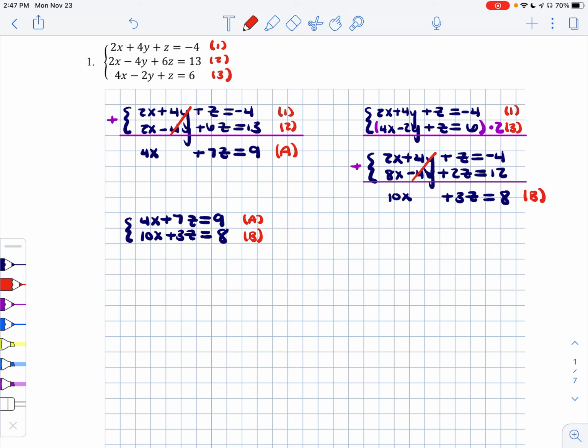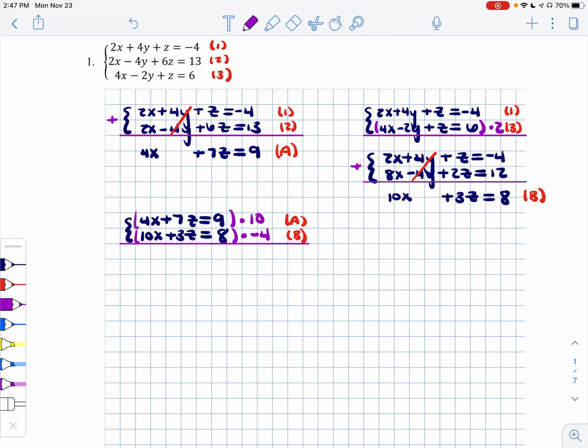I'm going to try to eliminate the x variable. Let me move A and B over. Neither variable looks particularly easy to eliminate, so I'm just going to pick one. The easiest way would be to multiply the top equation through by a 10. And then for the bottom equation, remember we need to make sure that our two coefficients are opposite signs, so I'll do a -4.